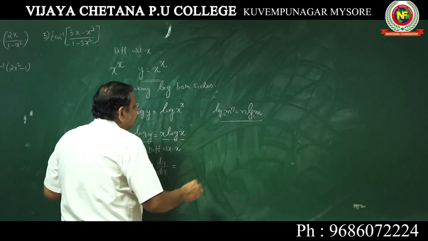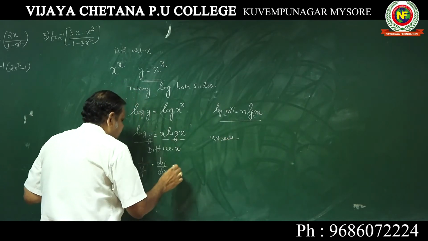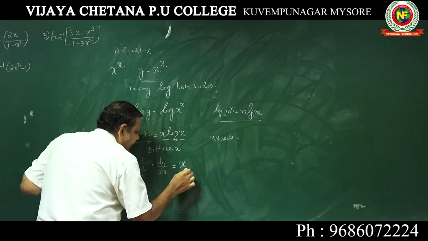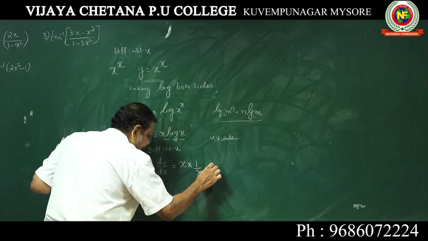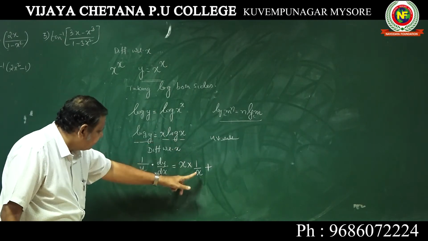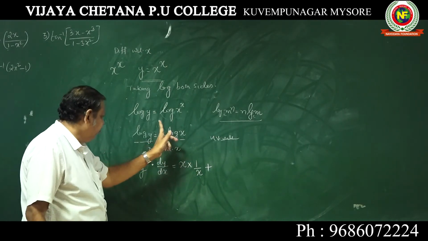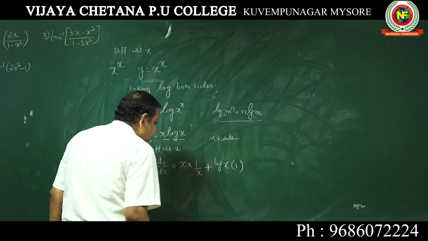UV rule. So the UV rule you have to adopt. The UV rule is the product rule. u into x into d by dx of log x, 1 by x, plus v into log x into d by dx of x, which is 1.